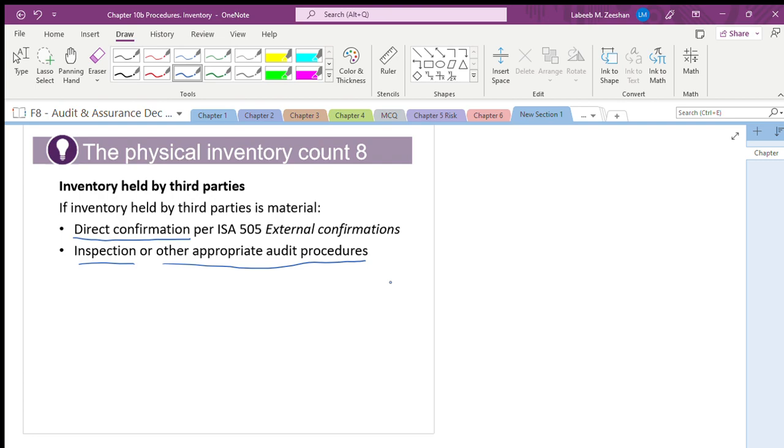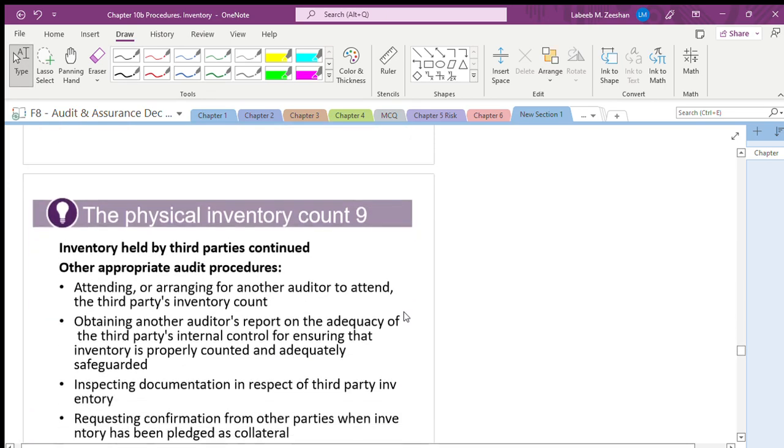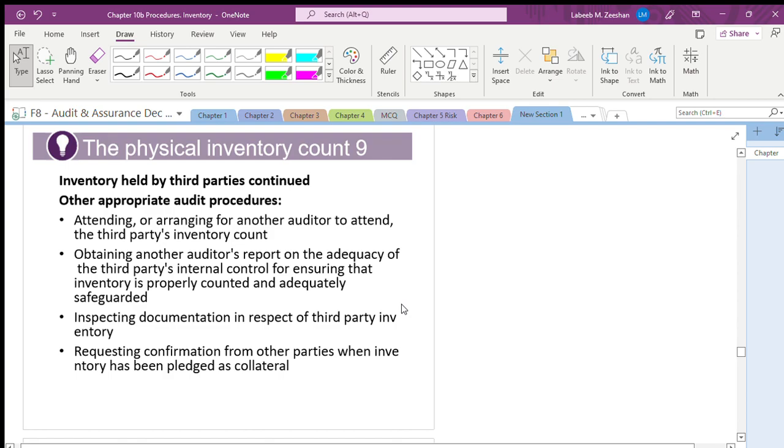Inventory at your place, fine. I'm not saying that is not important. But the most important thing is inventory that is located at other locations. Whenever they talk about inventory, they make it very straightforward.